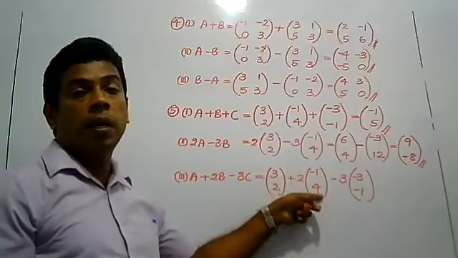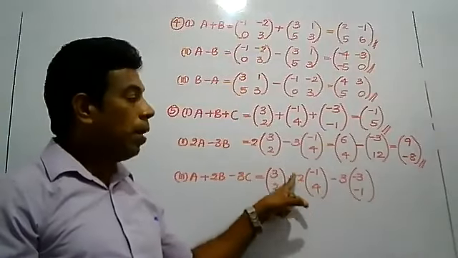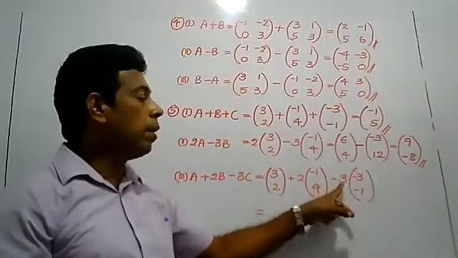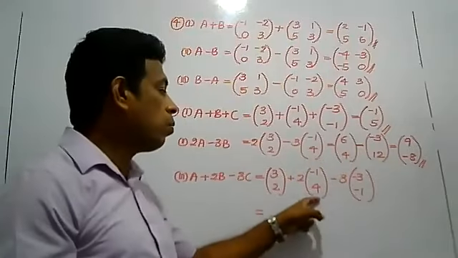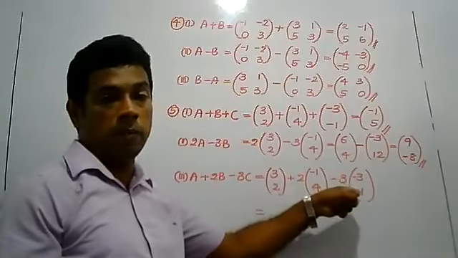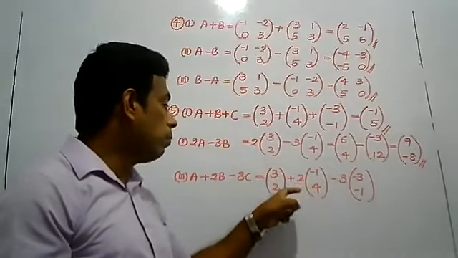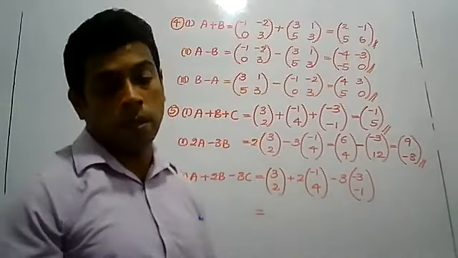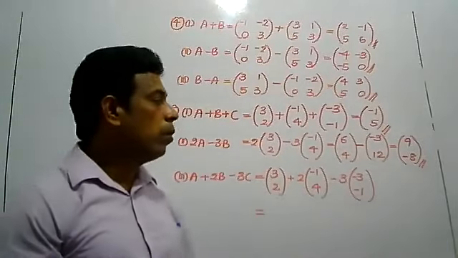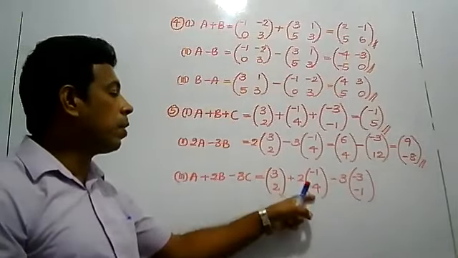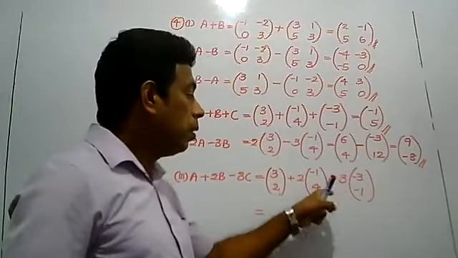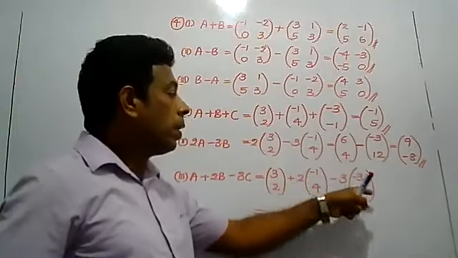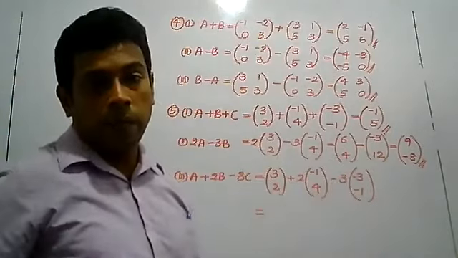Matrix B is multiplied by 2, matrix C by 3. First we multiply these two matrices by the given whole numbers. Then these two are added and this one subtracted. Then find their products.